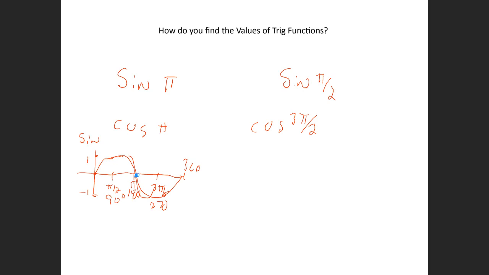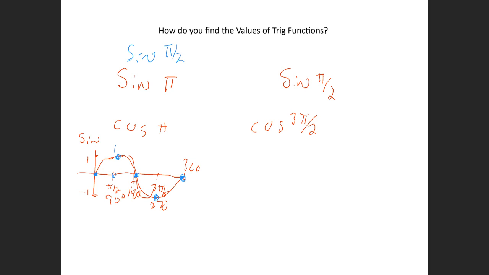The sine of pi over 2, here's pi over 2 here, that is 1. The sine of 3 pi over 2 is right here, it is -1. The sine of 2 pi, 0. The sine of 0, 0. So this graph gives you the sine of 0, 90, 180, 270, and 360.